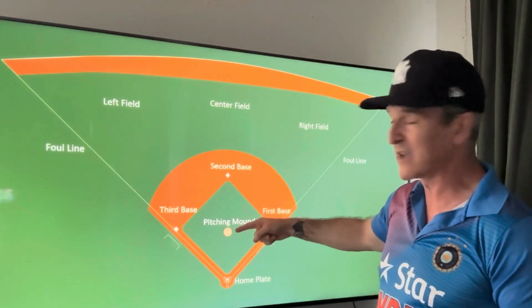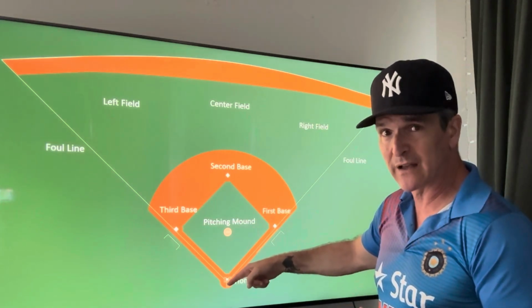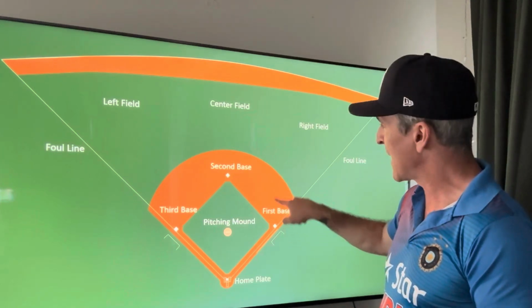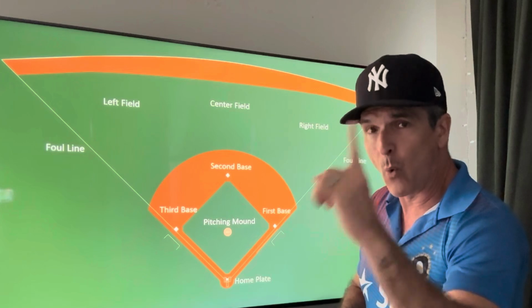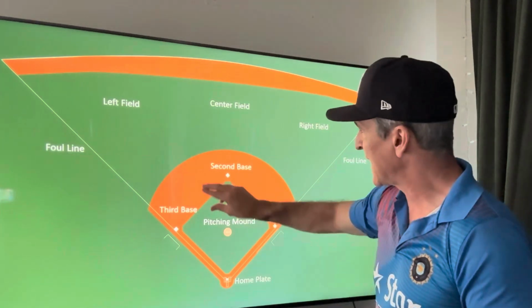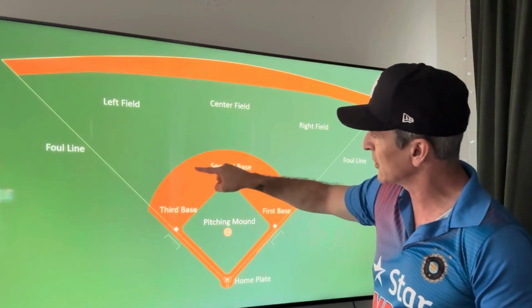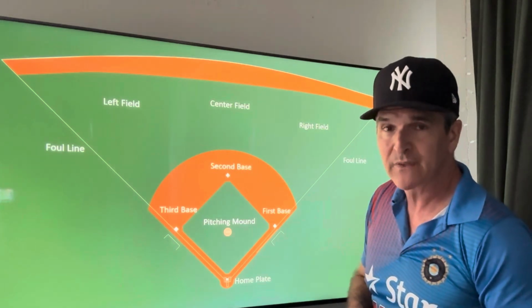You obviously have a pitcher on the pitching mound. You have a catcher who catches behind home plate. You have a first baseman, you have a second baseman, and you have a third baseman. There's one other position that doesn't have a title based on the makeup of the field, and that is this position right here. The player that plays right here is called the shortstop.